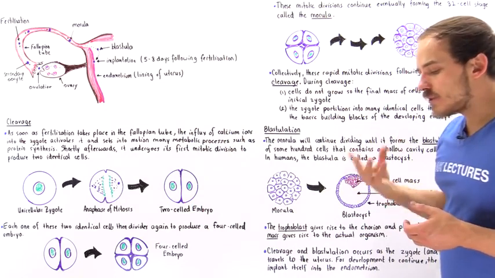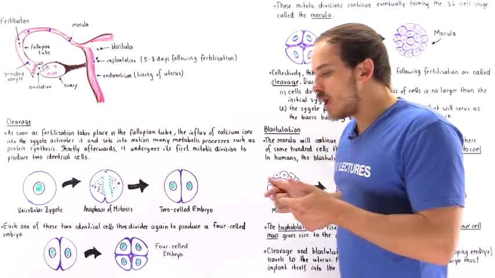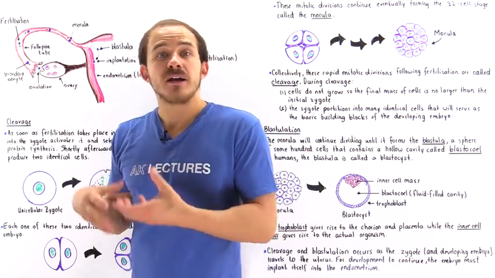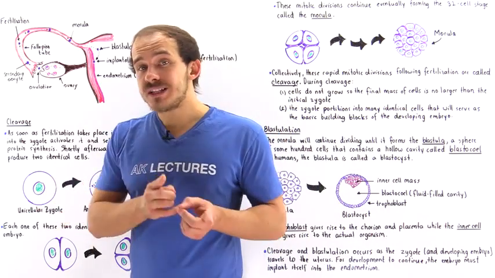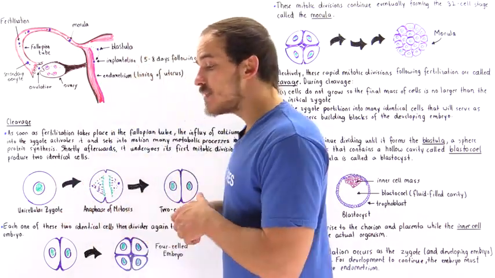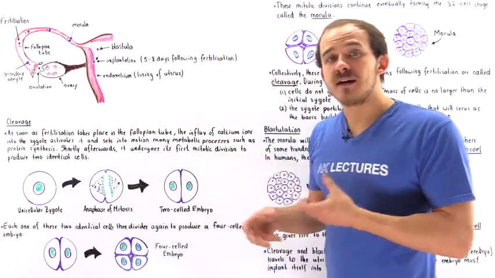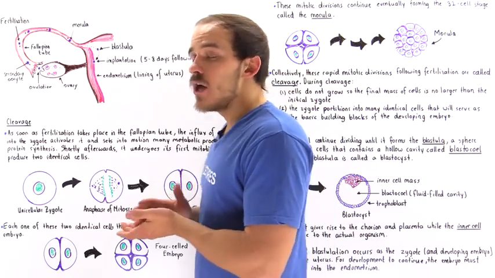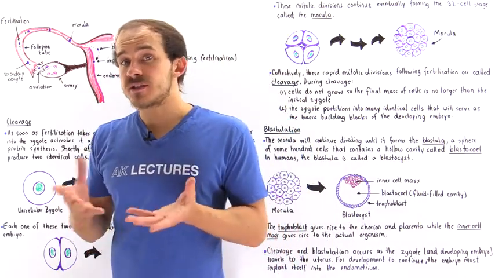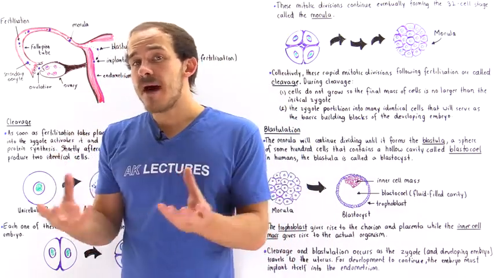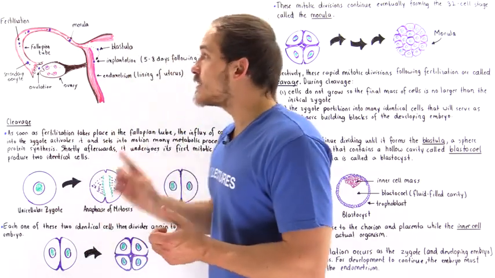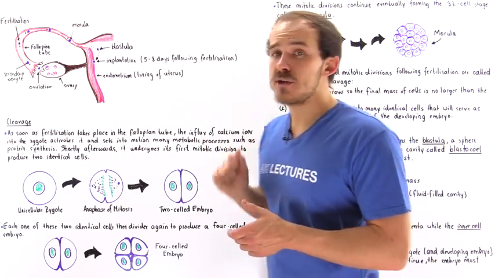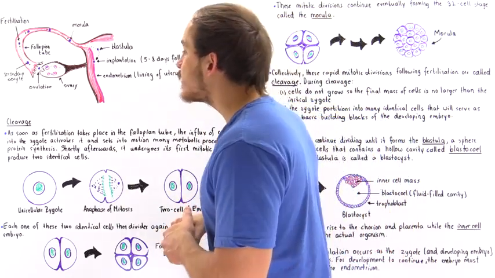Now, following fertilization, we have an influx of calcium ions into the cytoplasm of that formed zygote. And what the influx of calcium ions does is it initiates a set of metabolic processes. For example, it initiates the cortical reaction, and this leads to the formation of a membrane that basically is impermeable to sperm cells, so no other sperm cell can actually make its way into that egg cell.